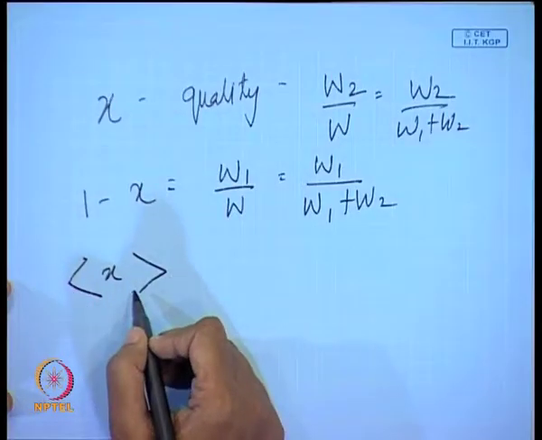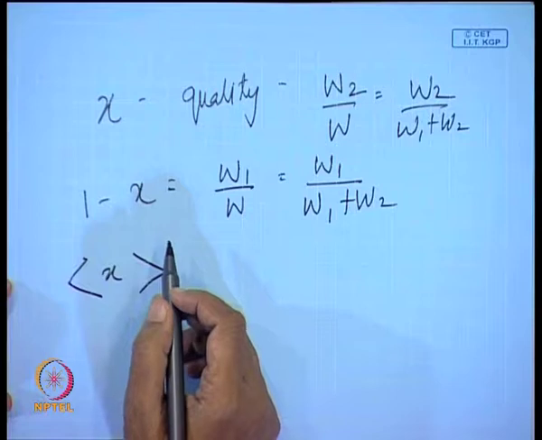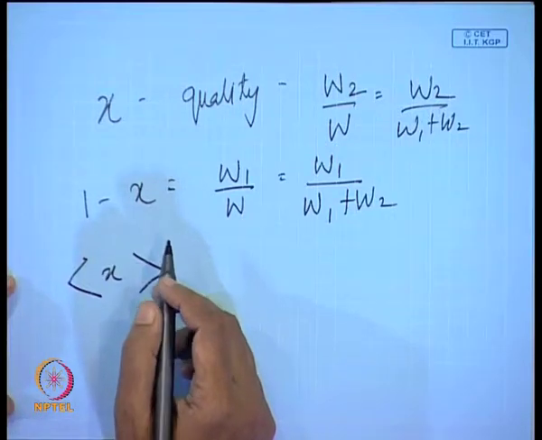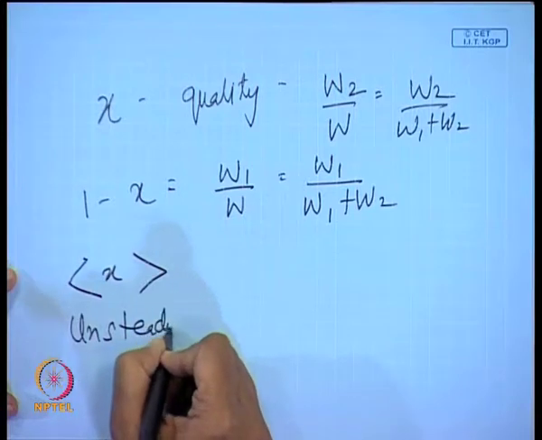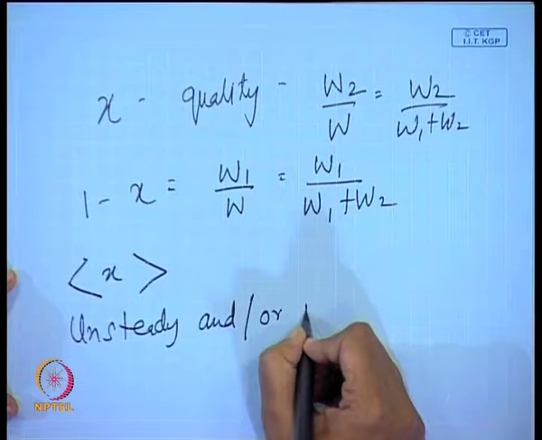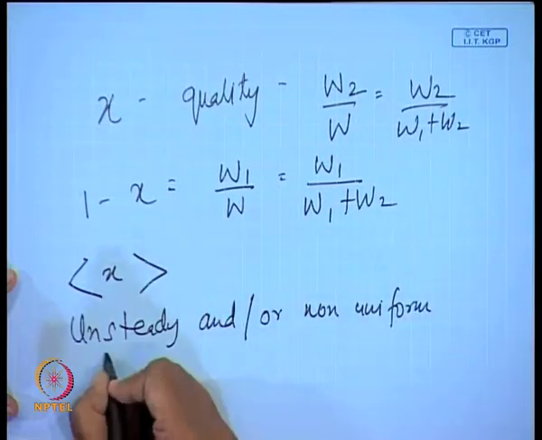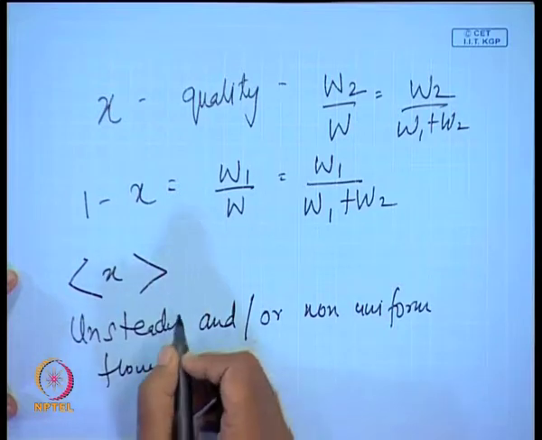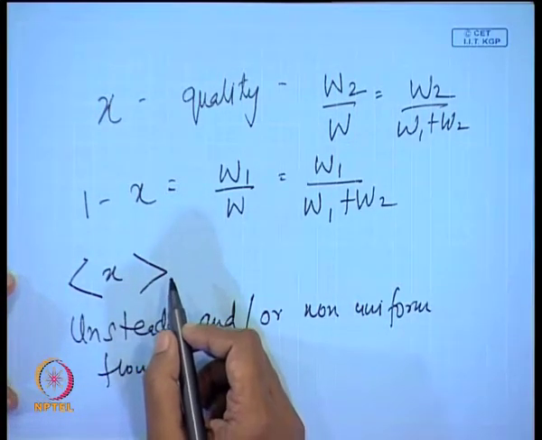Under normal circumstances, we do not put these brackets, and we assume that x refers to the average property itself, but when we have unsteady and or non-uniform flows, under such circumstances x has to be subjected to averaging properties.